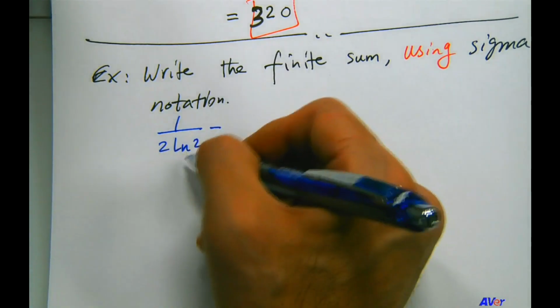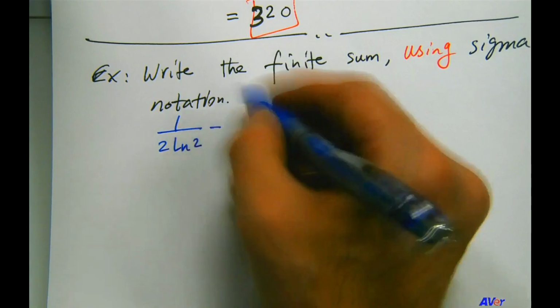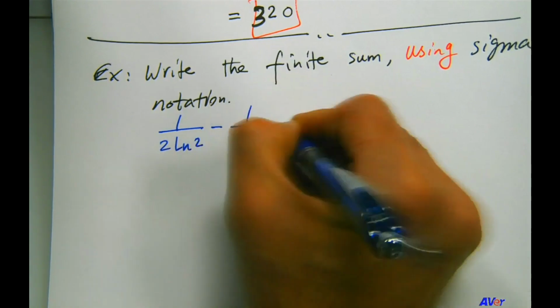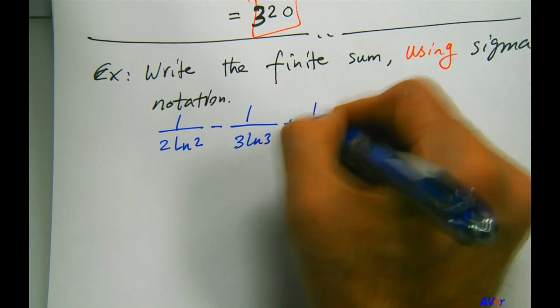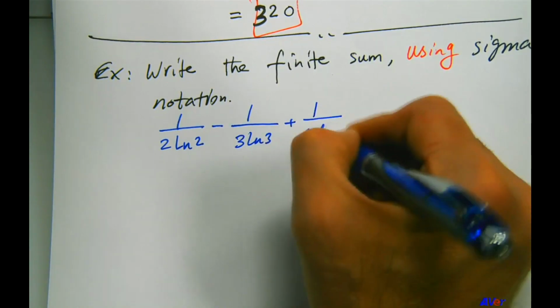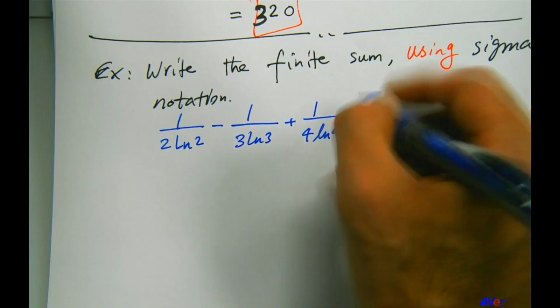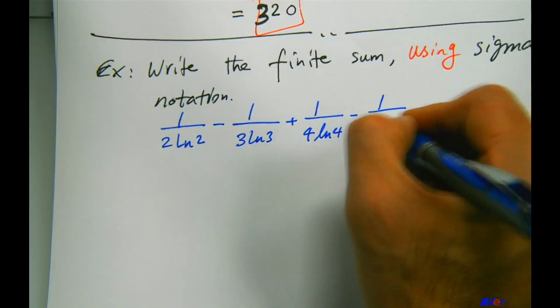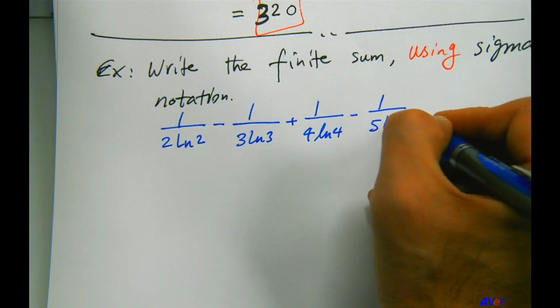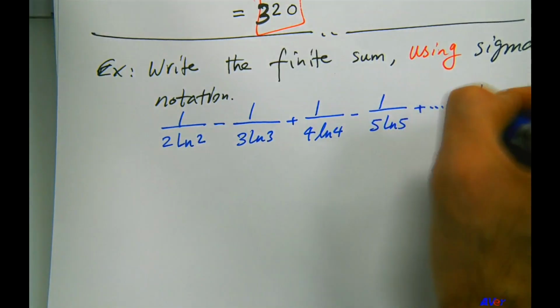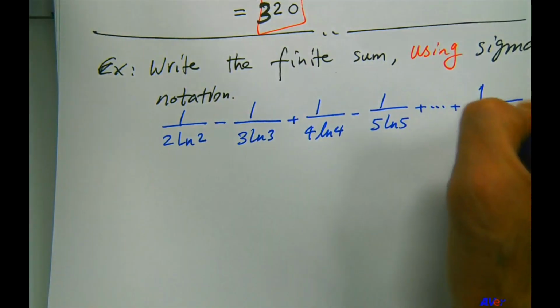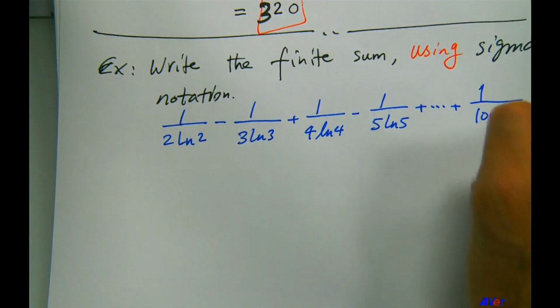We dealt with them in pre-calculus 1, but not so far in this course. Minus 1 over 3 natural log of 3 plus 1 over 4 times natural log of 4 minus 1 over 5 natural log of 5 plus ... plus 1 over 100 natural log of 100.